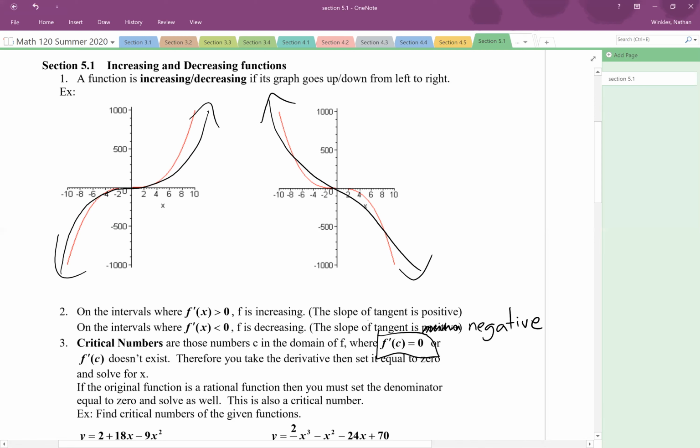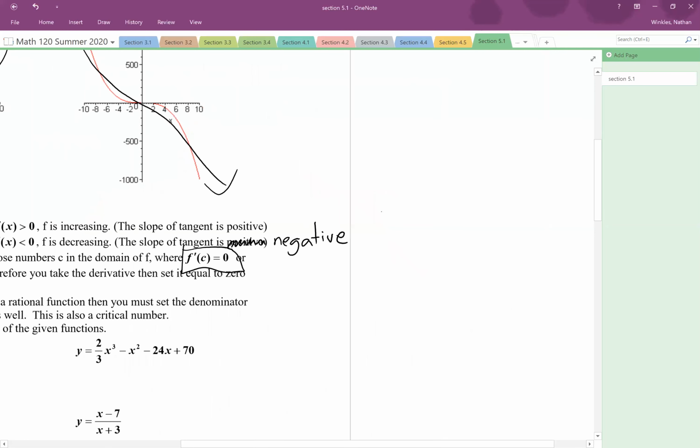We then check the domain of our derivative. If we have any places where there is division by x, and in general, log functions and square root functions, finding the domains of those, those are places where it may not exist. And keep in mind, here's a little side note.